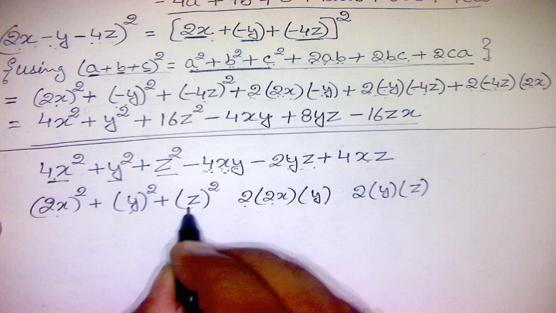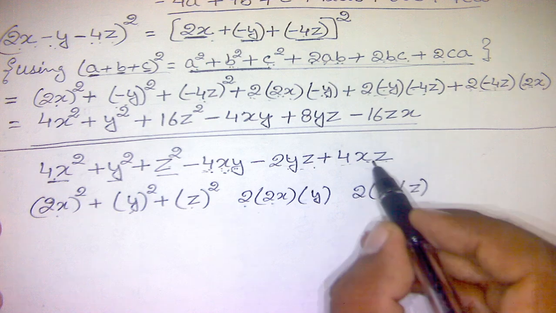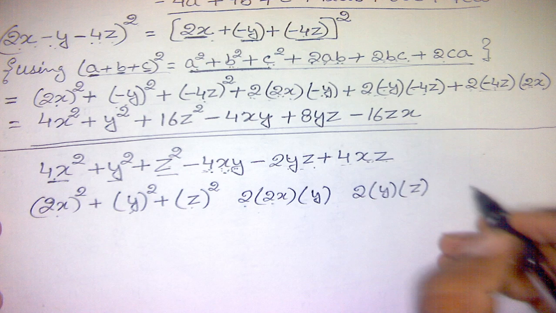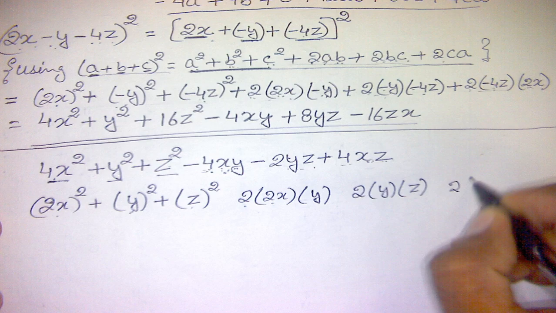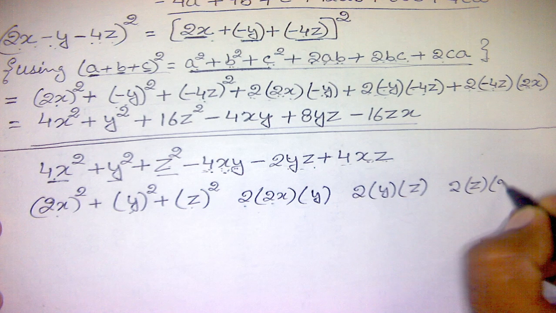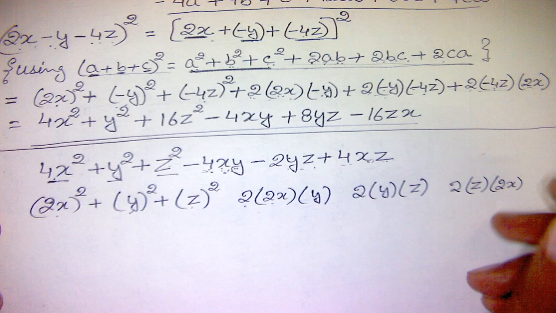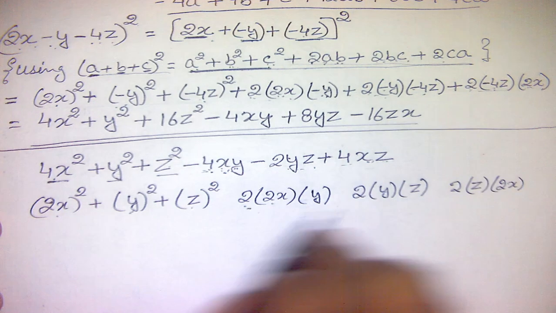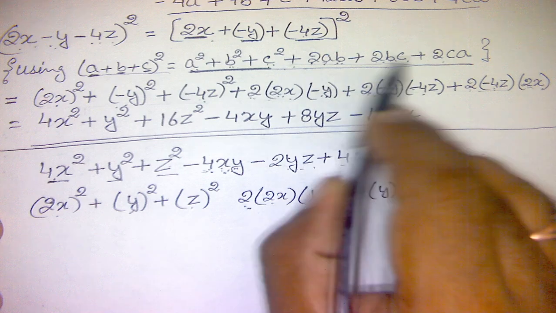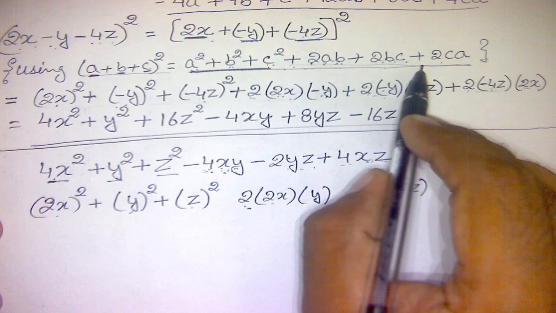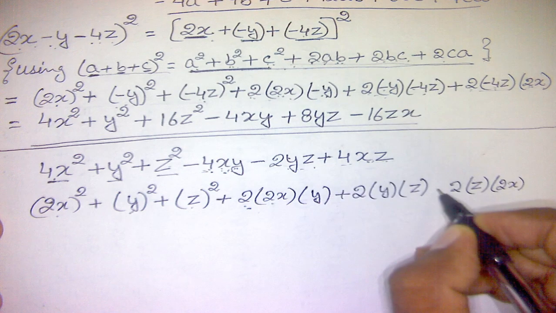Then you have 4xz, which is twice the product of z and 2x. Is it clear? But now here what we have to do, in the identity we have all these terms positive. So we need a sign of plus here.